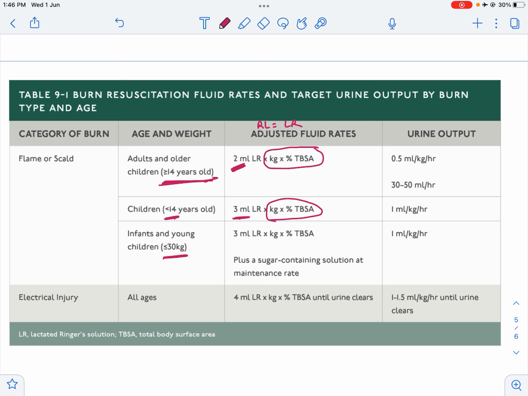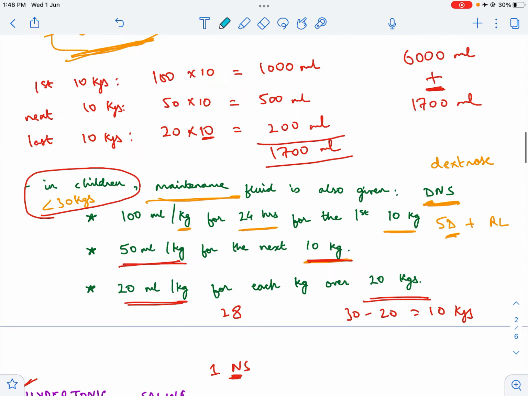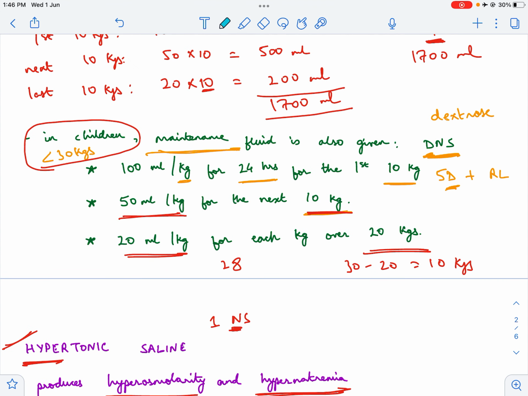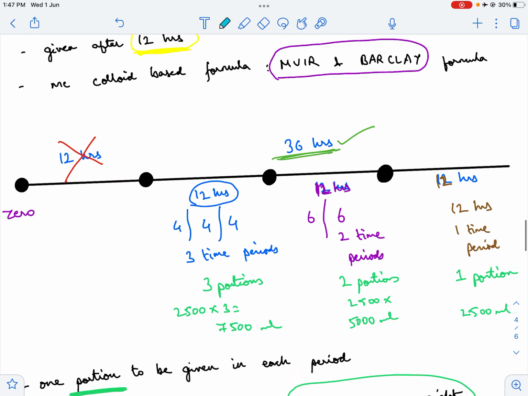So along with this, what children are receiving, that is your 3 ml into kg into percentage of burns, he will also get a sugar containing solution at maintenance rate. This maintenance rate is 100 ml per kg for 24 hours for the first 10 kg, 50 ml per kg for the next 10 kgs, and 20 ml per kg for each kg over 20 kgs.